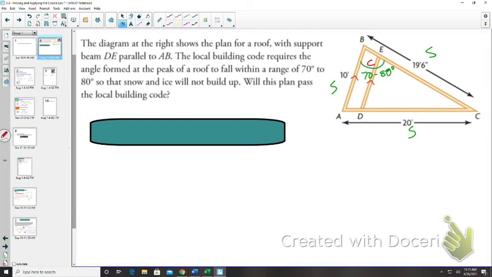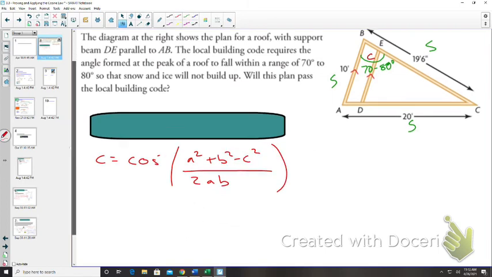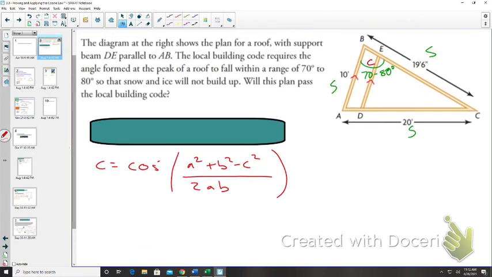So C is equal to cos inverse, big bracket, a squared plus b squared minus c squared over 2ab. So 10 squared plus 19.6 squared minus 20 squared. We'll call this A, this B, and this has to be C because it's across from the angle. Now, just be careful here.